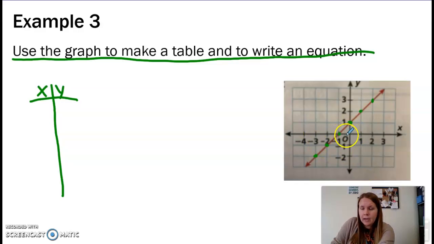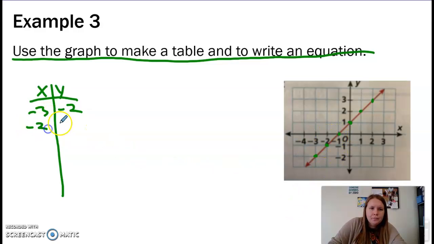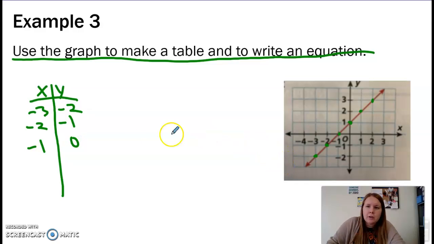That first one I looked at goes over to -3 and down to -2. So it'd be -3, -2. The next one I saw was -2, -1. I saw -1, 0. I saw 0, 1. I also saw 1, 2, and I saw 2, 3.